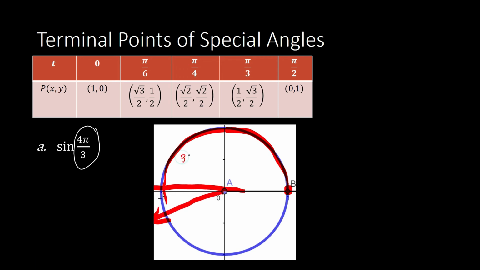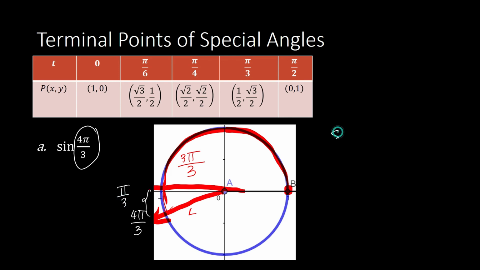So this part is 3 pi over 3. And then you will add an extra pi over 3 to get here. And here, you are now at 4 pi over 3. So what does this mean? This means that your reference angle here is pi over 3.